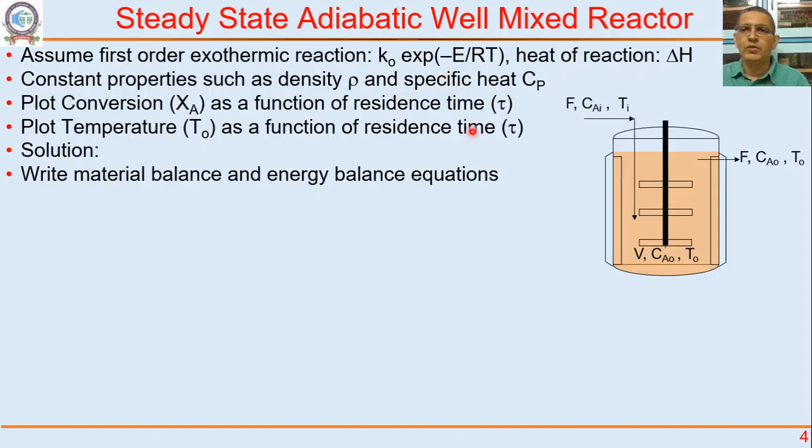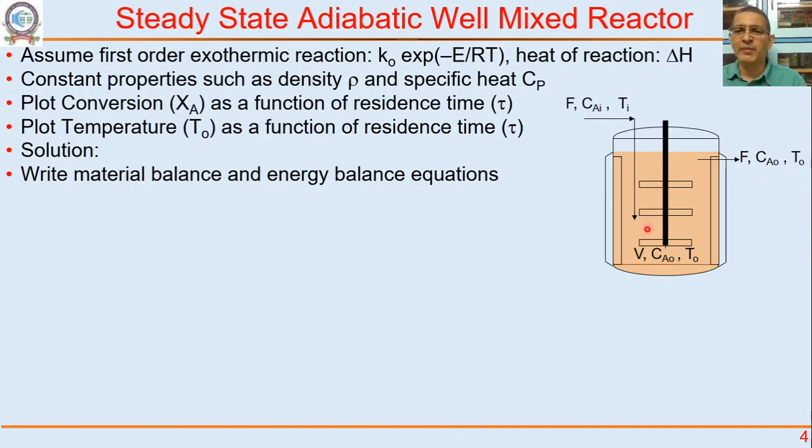So this is the reactor. Let's say there is a flow rate coming in. F is the flow rate, CAI is the inlet concentration, TI is the inlet temperature. Well mixed reactor, continuous and steady state. Well mixed means whatever is the concentration inside is the same as what is going out from the reactor. So flow rate going out is F, outlet concentration is CA0, and outlet temperature is T0.